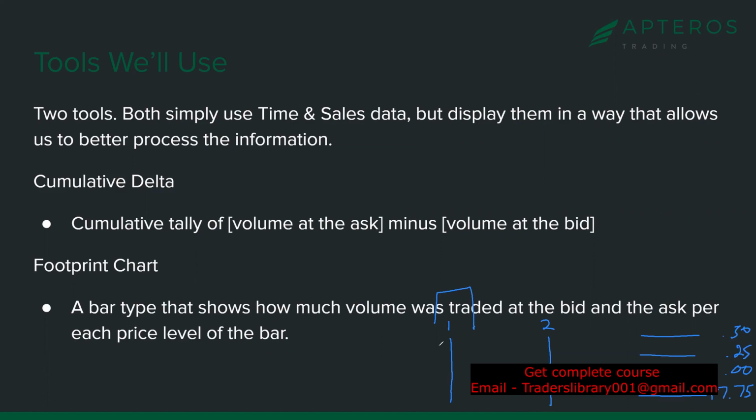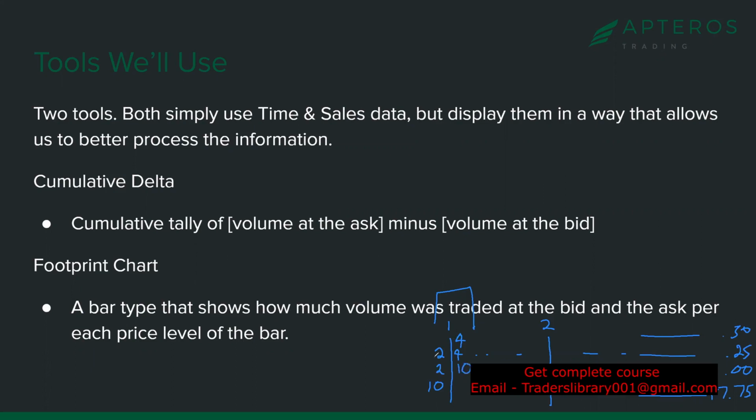As we trade those prices, let's say during the first 1 minute period, first we had, I forget the numbers, 2 contracts at the bid right here when it was at 25 cents, and then 4 contracts at the ask. And let's say that the best bid and ask drop down, and then we trade another 2 contracts into the bid lower, and then 4 contracts into the ask at the 25-cent level. Let's just say that we traded 10 contracts into the bid, which dropped, and then we traded 10 contracts up here.